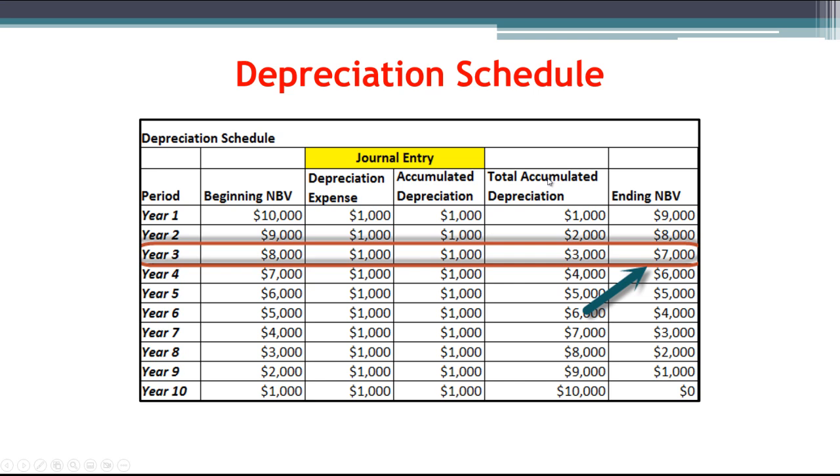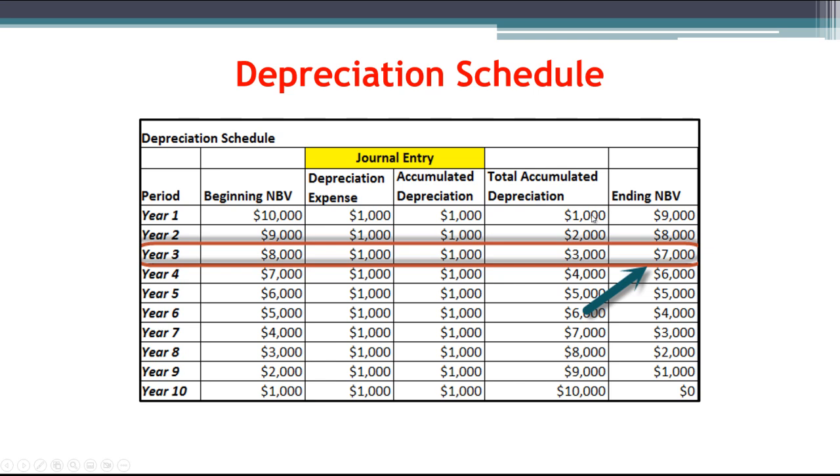Now we have total accumulated depreciation, basically the running total of that, which increases over time by this amount of the journal entry. And the net book value, this is ending net book value for the year. That's essentially the beginning amount minus the amount we've recorded as journal entry that year. That gives us our ending net book value, which of course carries over to become next year's beginning net book value.